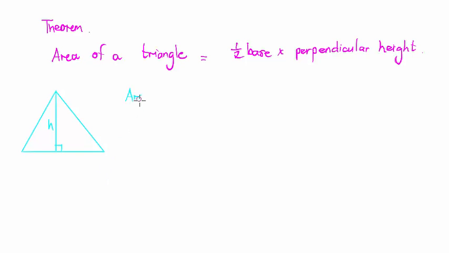Once we have that, then this is the length of the base. We take half that length and then we multiply it by height. Now, it might just be interesting for you to know, but what the proof relies on is, what is the area of a rectangle?